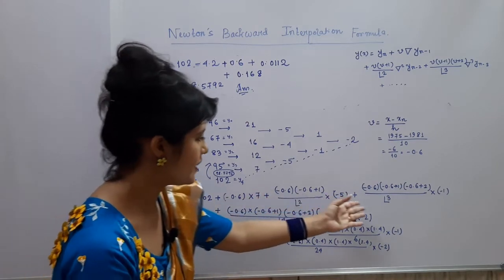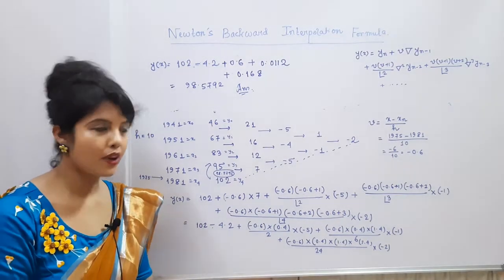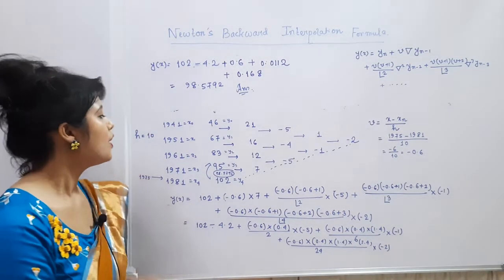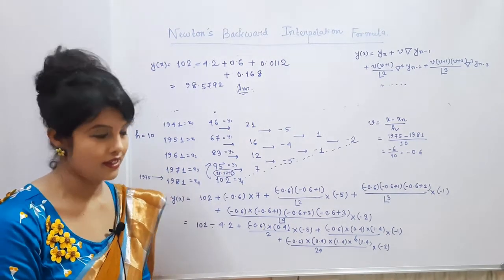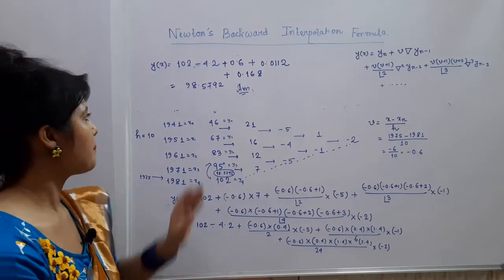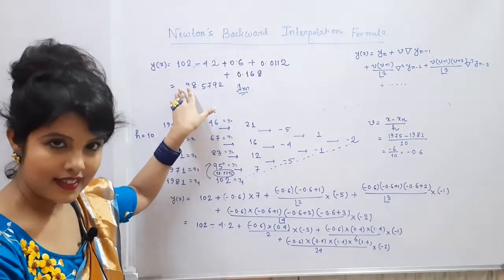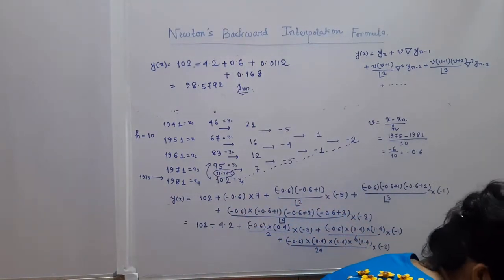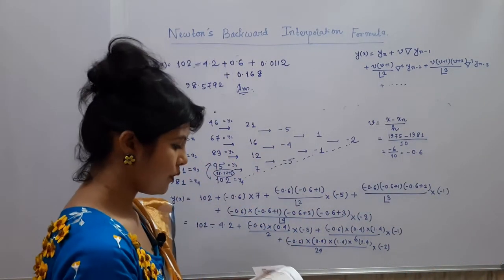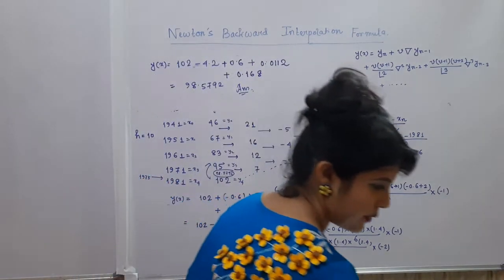Now calculating this, finally we get 98.5792, which is in between 95 to 102, and that should be the case. So therefore this is the estimated population for the year 1975. So I think you have understood this formula. Now I am going to discuss another problem of this type.